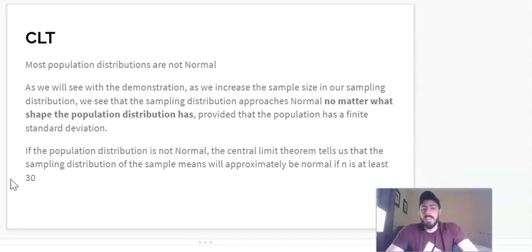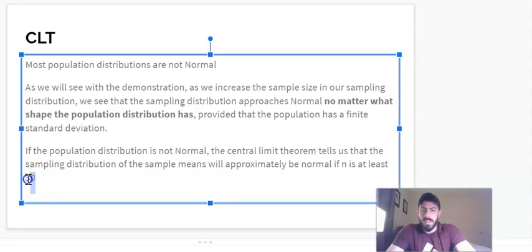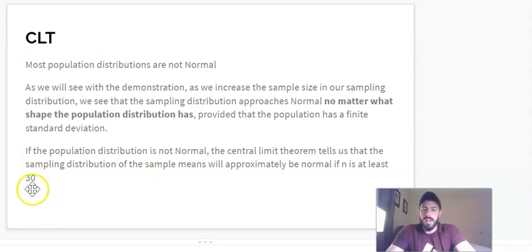So if the population is not normal, the central limit theorem tells us that the sampling distribution will be, provided that the sample size is big enough. For means, it's easy to remember because it's about 30, and for proportions, it's a little bit more complicated. It's usually if you have at least 10 successes and 10 failures. But we'll see how that pans out in the next video.